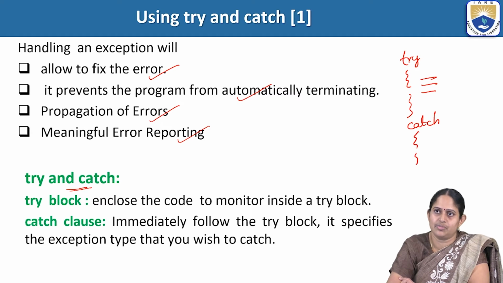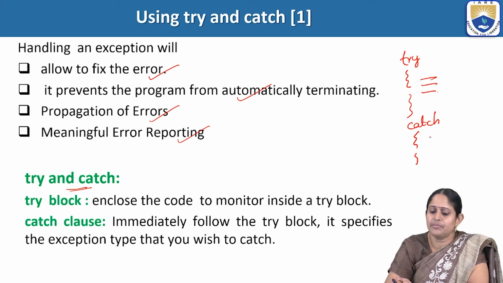monitored for any exception. If any exception is thrown by these statements, an exception object will be created and thrown. When that exception object is thrown, it will be caught by the catch block.